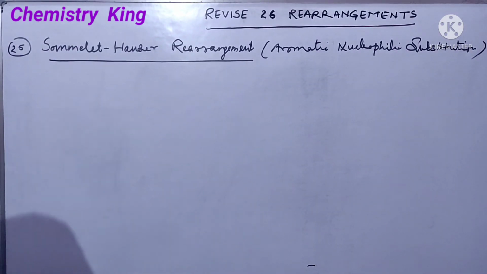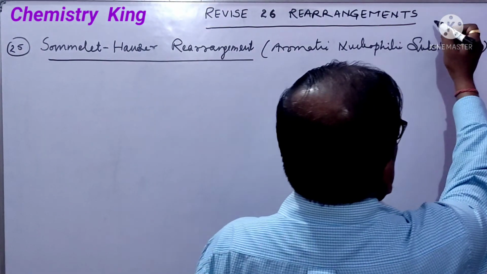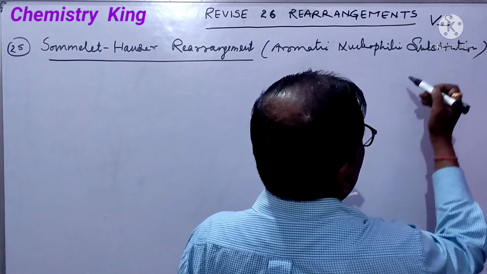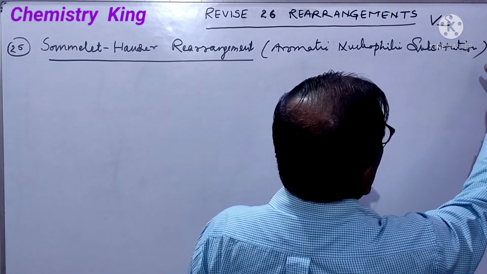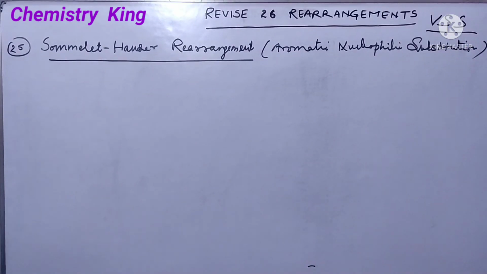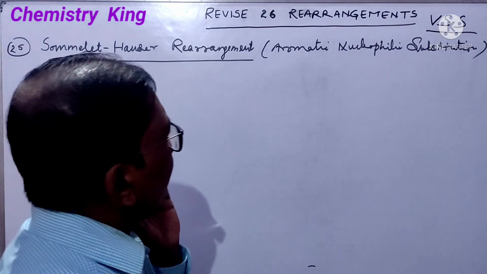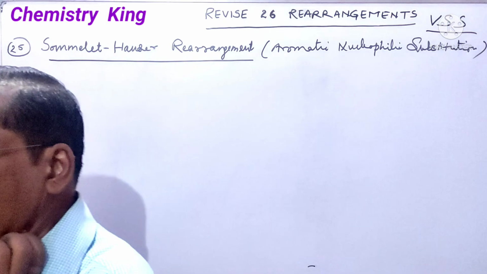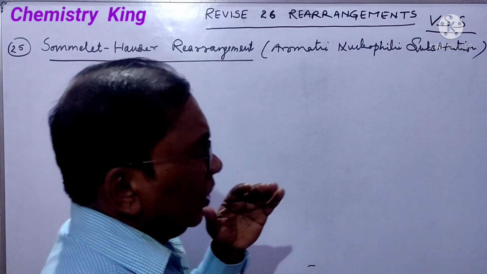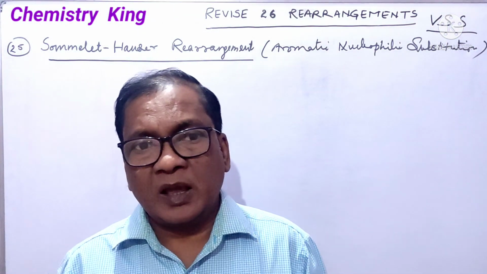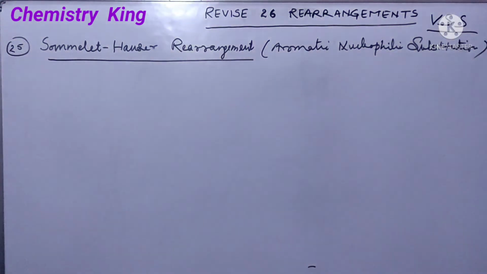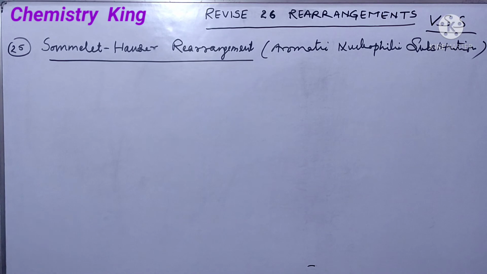Friends, one thing you have to remember that Von Richter rearrangement, Sommelet-Hauser rearrangement, and next I will teach you Smiles rearrangement, VSS. These three rearrangements are very, very important for NET, GATE, IIT JAM, and all the three rearrangements are aromatic nucleophilic substitution. VSS, remember it, VSS.